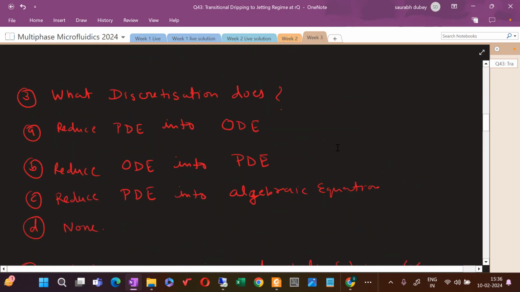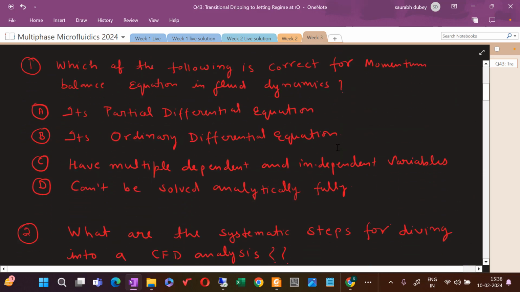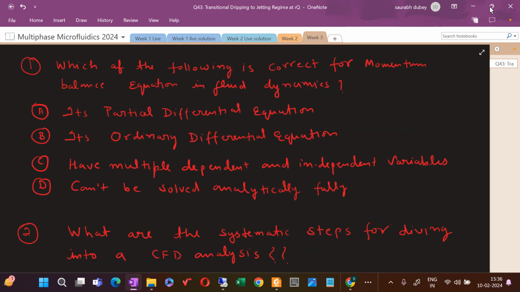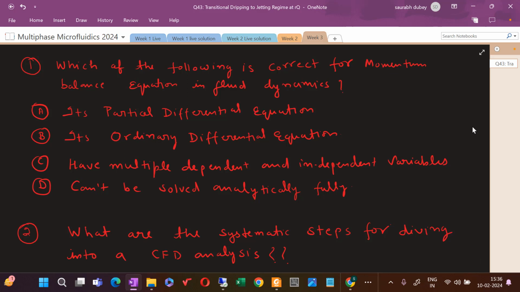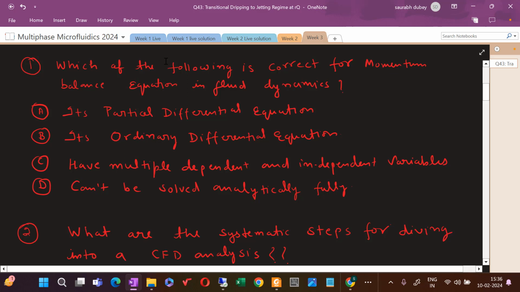So the question we will now be solving is, which of the following is correct for the momentum balance equation in fluid dynamics? First of all, the momentum balance equation in fluid dynamics is what? The momentum balance equation is the Navier-Stokes equation.